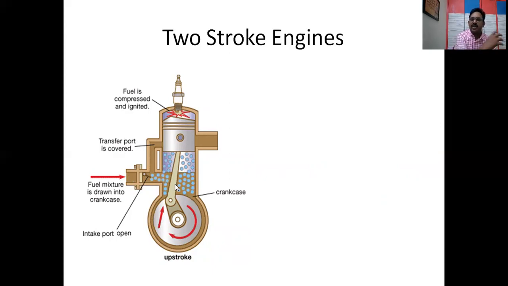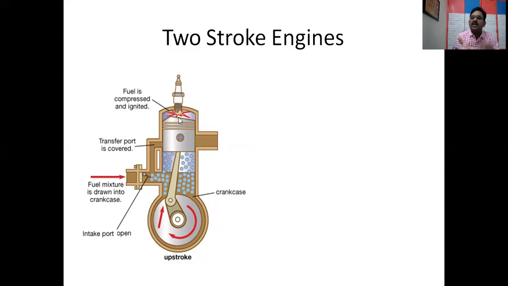That means fresh fuel air mixture or air will be sucked into the crankcase here. Simultaneously, when the piston moves up, whatever fuel air mixture or air is already inside will be compressed. That means in the previous downward stroke, some went inside through the transfer port.